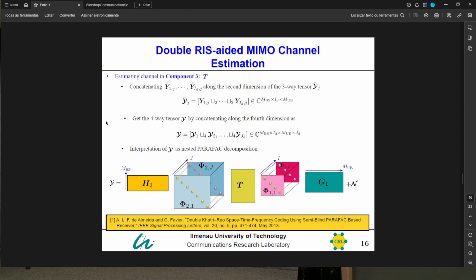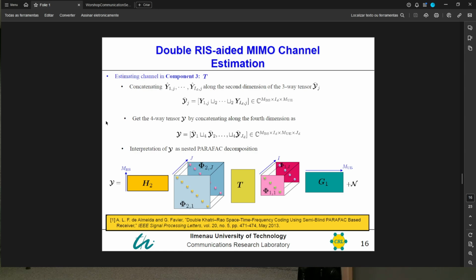What we do here is concatenate this measurement matrix in the second dimension of a three-way tensor to obtain this Y, which has the channels H2, T, and G1 as a nested PARAFAC model.